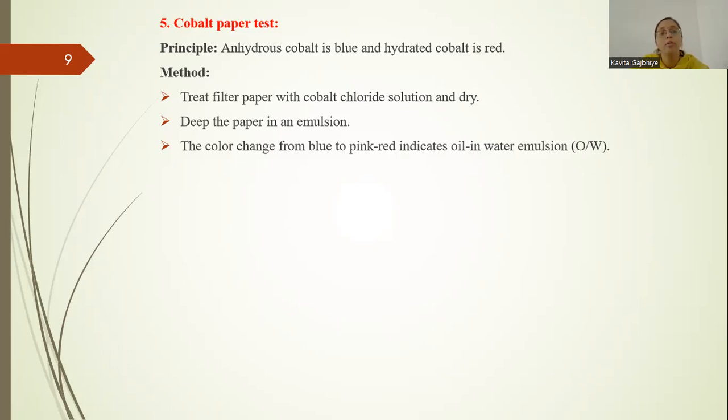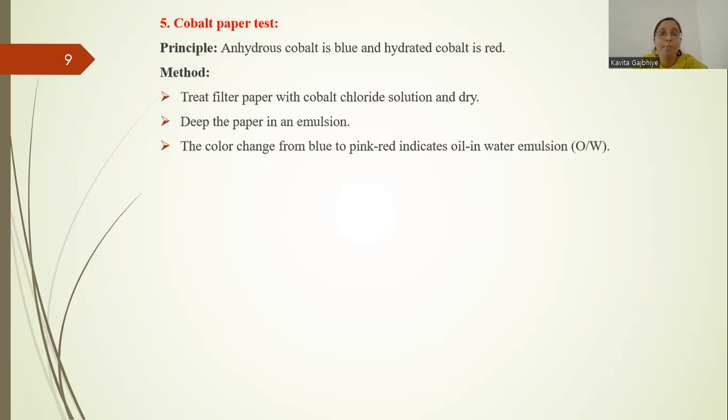You have to treat your filter paper with cobalt chloride solution and dry it. After drying, dip the paper in the emulsion. The color changes from blue to pink. Now blue is for what? It is for anhydrous cobalt, which is not soluble in water.